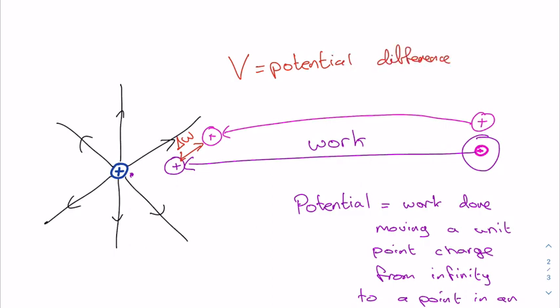So the voltage, or the potential difference, is the difference in the amount of energy that a unit charge has at a particular point in an electric field. So we're talking about work done per unit charge.